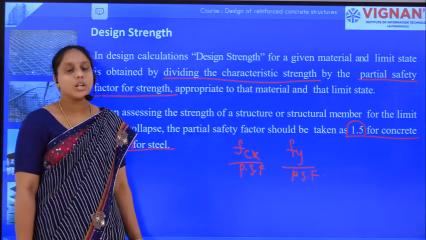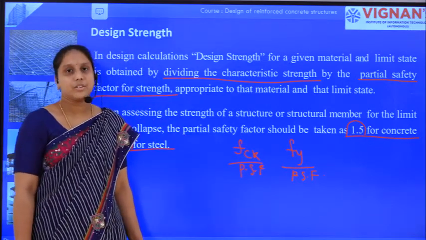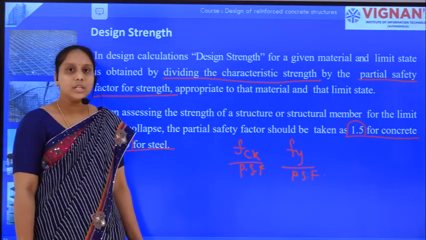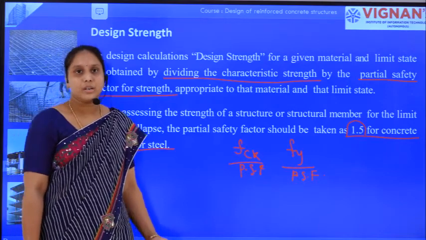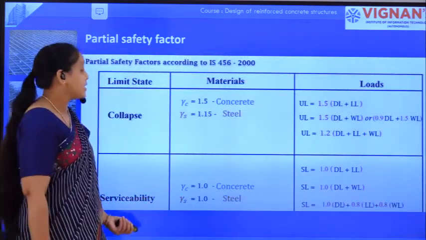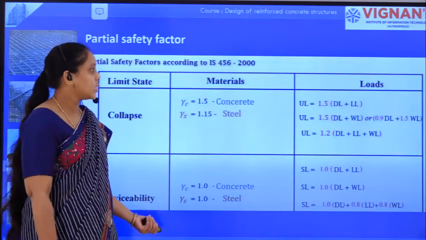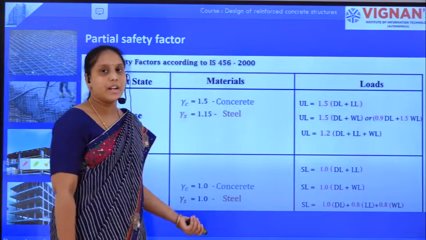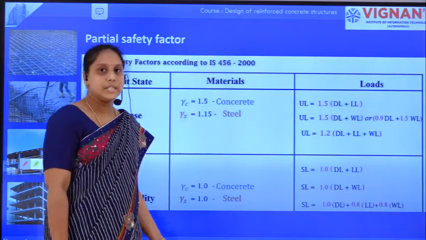Now let us see the different partial safety factors, the multiple partial safety factors that we use in the limit state method of design. Here we can see the partial safety factors we use for finding out the design strengths and the design loads.